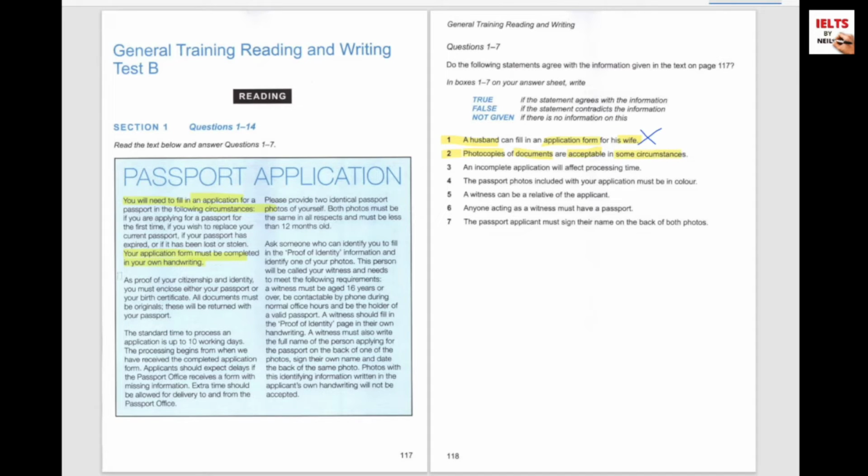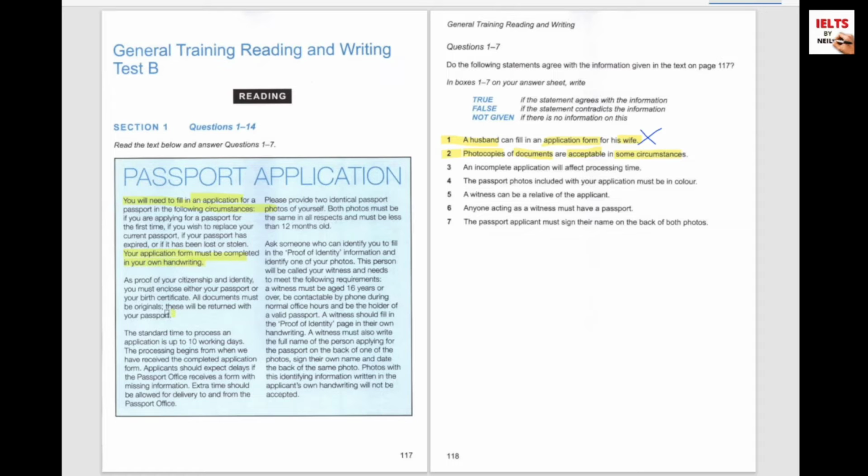All right, let's move on to the next paragraph. As proof of your citizenship and identity, you must enclose either your passport or your birth certificate. All documents must be originals. These will be returned with your passport.